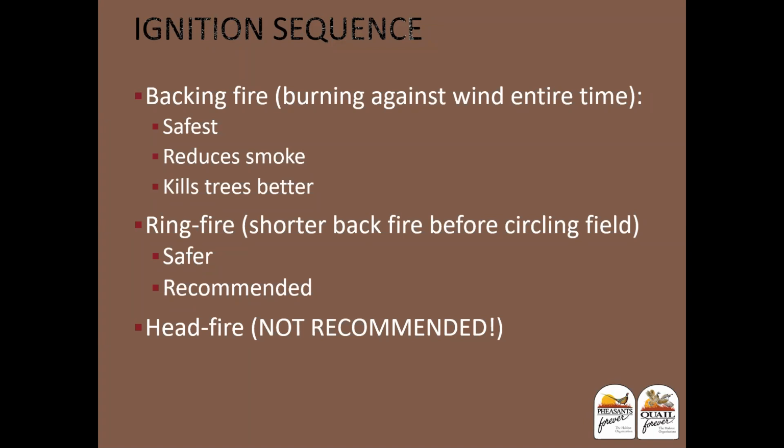So you'll circle the field, and that leaves your burn line, your fire break, increasing as it moves in. And then head fires are not recommended unless you have really good lasting fire breaks. Head fires get really intense really fast.